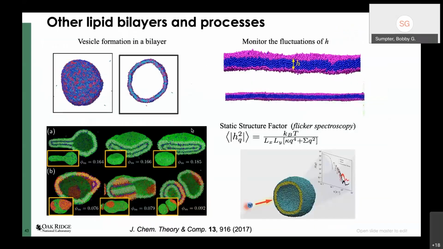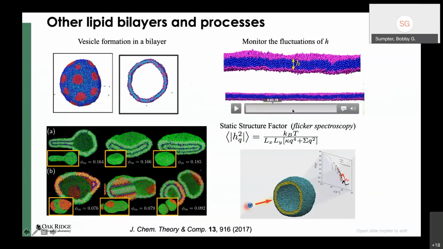Other things you can do, we can ask all sorts of questions about other types of lipid bilayers. I told you the phospholipid earlier. This is just a simple lipid, and we've developed ways of monitoring that in real time at time scales and length scales that match actual real cells and experiments.